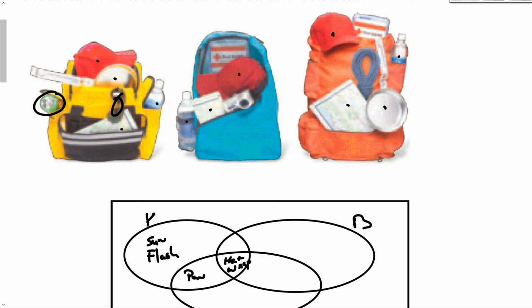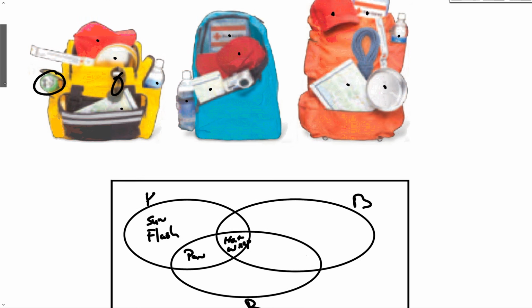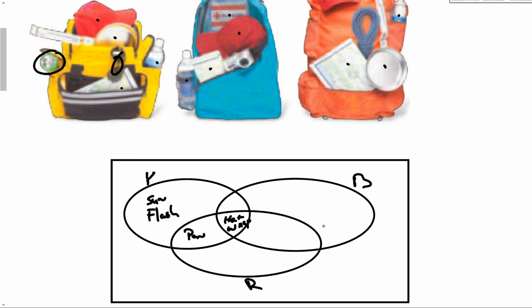The blue bag has a first aid kit, and so does the red bag. So in the red and the blue, we have first aid. The red bag has a rope. And the blue bag has this camera.